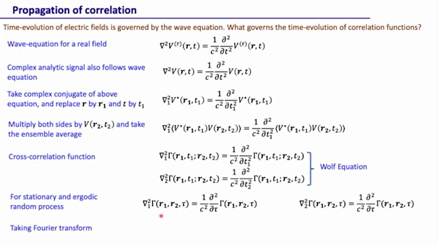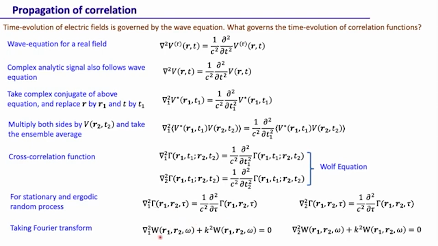We can take the Fourier transform of these two equations, and we can then find that the cross spectral density function, that is the correlation function in r1, r2, follows the Helmholtz equation. Just like here, this is the wave equation, but if we take the individual frequency component of this field, then those actually satisfy the Helmholtz equation. Similarly, the cross correlation function satisfies the wave equation.